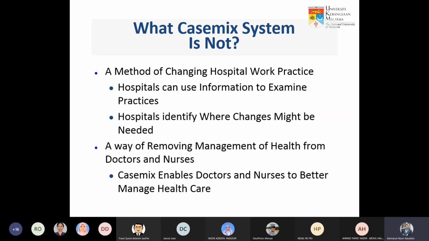Casemix is also actually not a method of changing hospital work practice, tetapi actually can use this information to examine the practice, good practice or not, for example, and identify where changes might be needed. Contohnya, kalau bila saya present dekat pengurusan tentang BOR, length of stay dan sebagainya, so kita boleh nampak certain things dan kita suggest to improve.